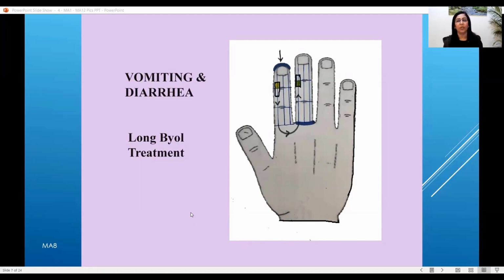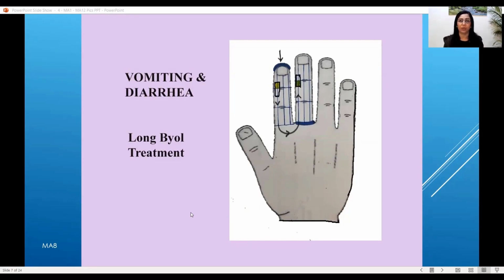Now, both the meridians are on the yang side, right? And the energy flow is from the arm to the leg on the yang side. Now, when the energy flow is from the arm to the leg, that means we have to first treat the large intestine meridian, because the energy is entering from there, and the large intestine meridian is forming a long Byol with the stomach meridian.